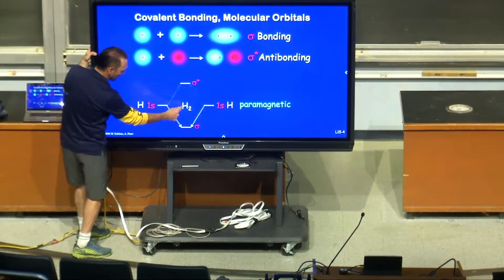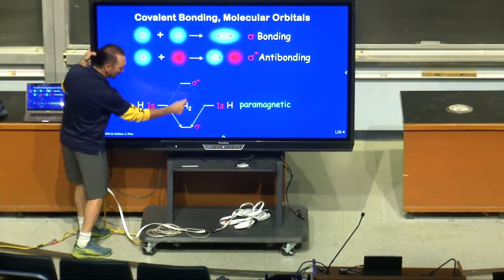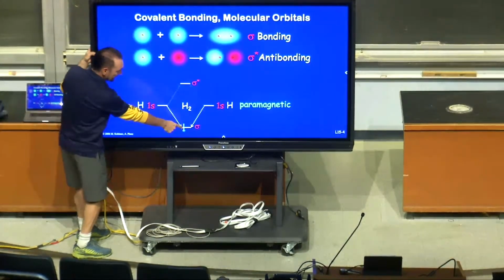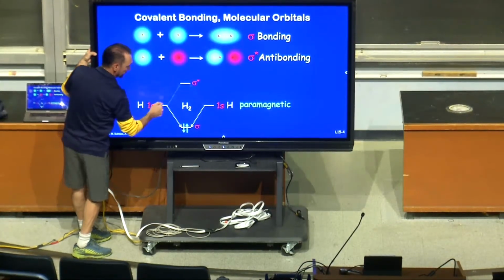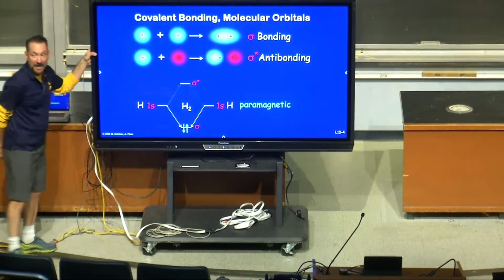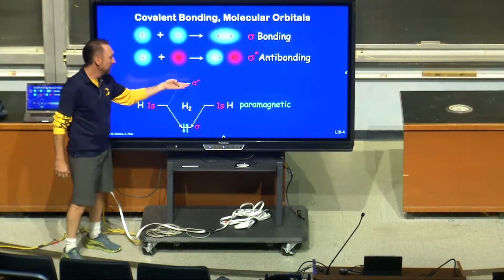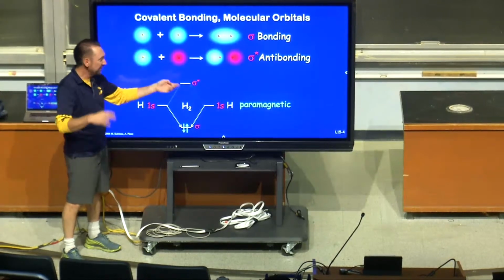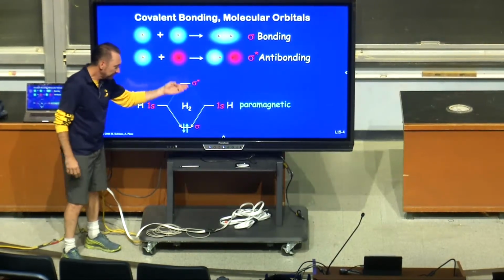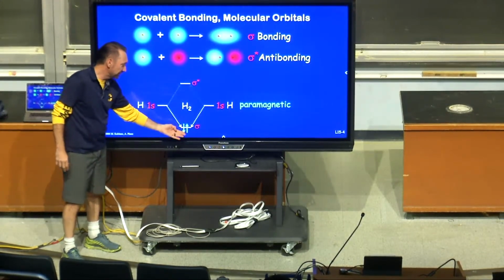Hydrogen, the molecule, so here are the molecular orbitals, is diamagnetic because those two electrons would end up down here in this bonding orbital. And now we see, oh, well, we had to form mathematically and physically to conserve wave functions, to conserve electrons.